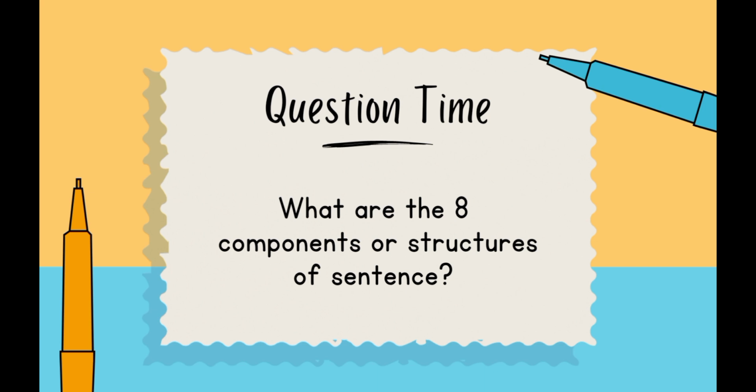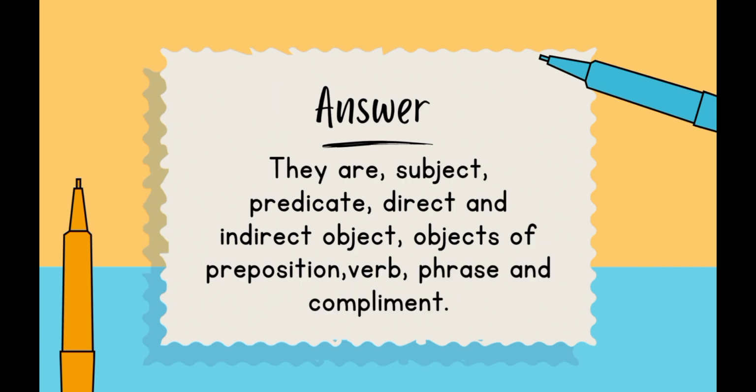Let's see the 8 structures of the sentence. The answer is they are subject, predicate, direct and indirect objects, object of preposition, verb, phrase, and complement.